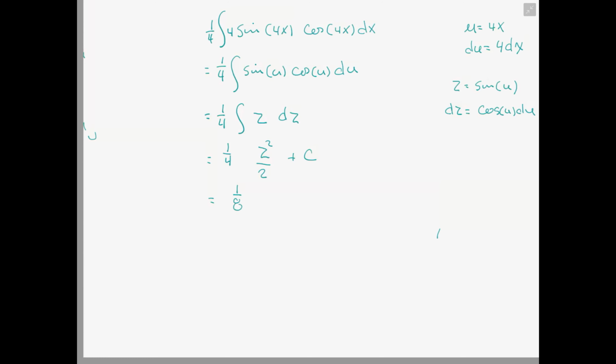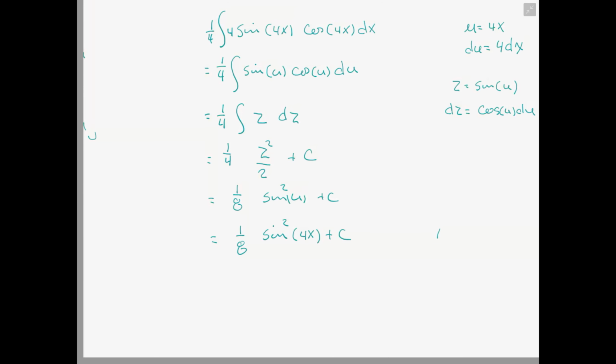So we have 1/4 z squared over 2 plus c, and that's equal to 1/8 z squared. So z is sine squared u plus c.